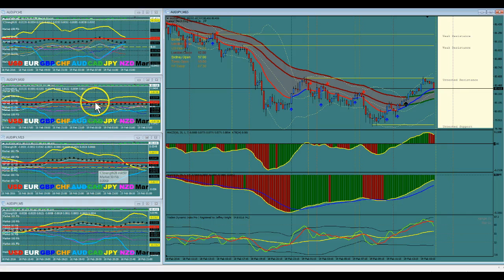And I have these strength meters set up so that the lines for both the Australian and yen currencies are bolded, so it's easier to pick out their configurations.